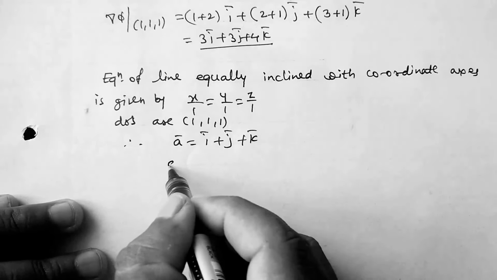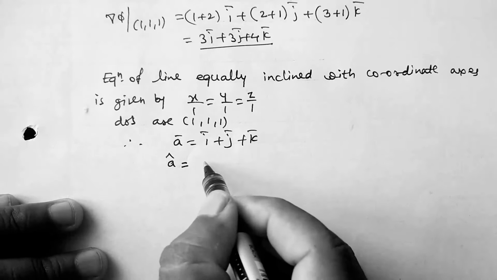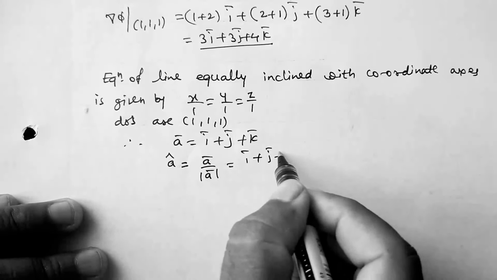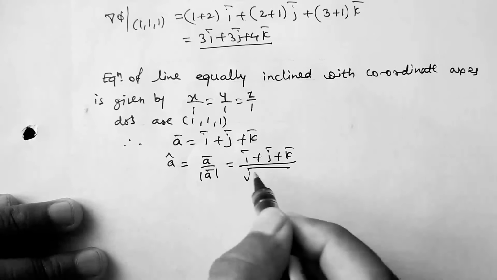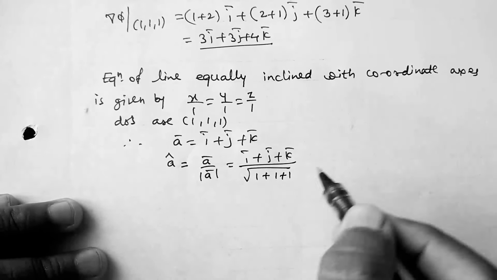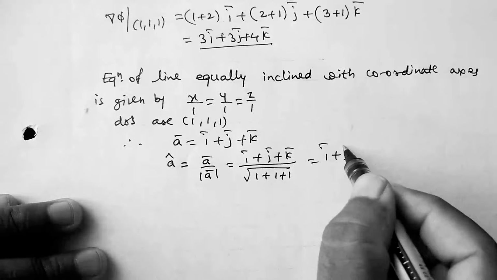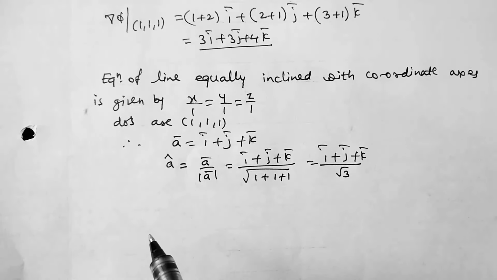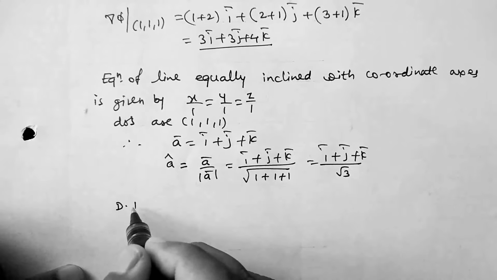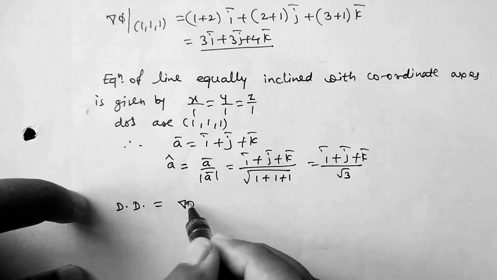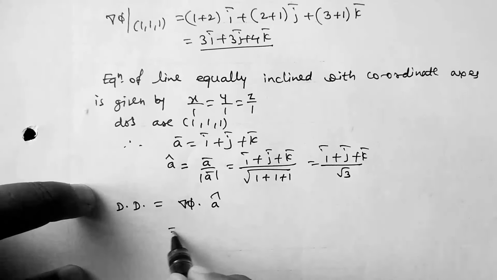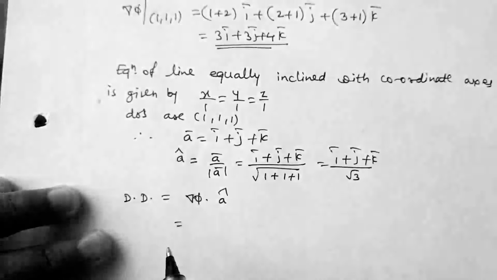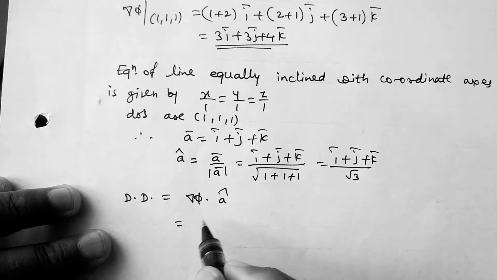Therefore direction a cap is equal to a bar upon mod of a bar, i bar plus j bar plus k bar upon under root of 1 square plus 1 square plus 1 square, that is i bar plus j bar plus k bar upon under root of 3. Now the formula: directional derivative is equal to del phi dot a cap. Value of del phi we already calculated is 3i bar plus 3j bar plus 4k bar.